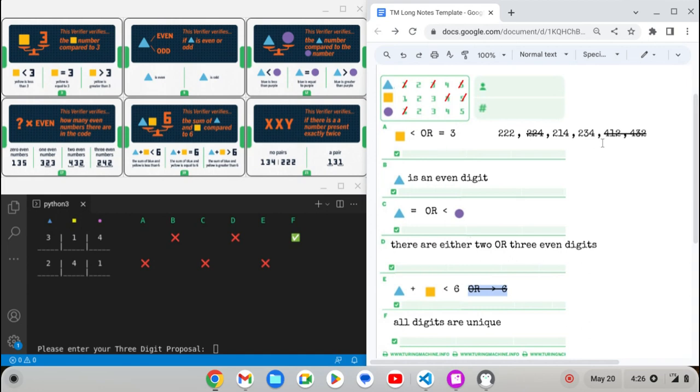So this is 50-50. Let's see. I think I would want to test this last, and this last.